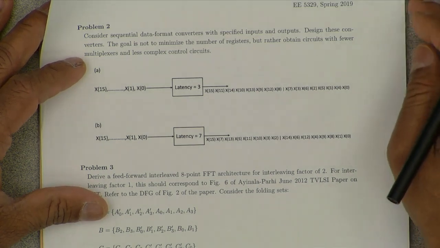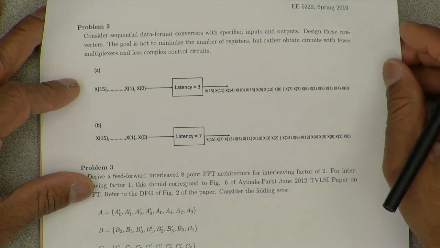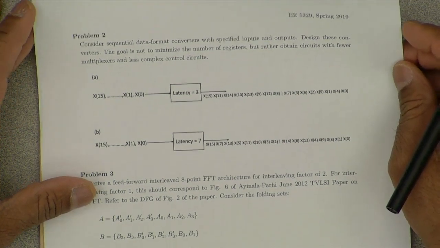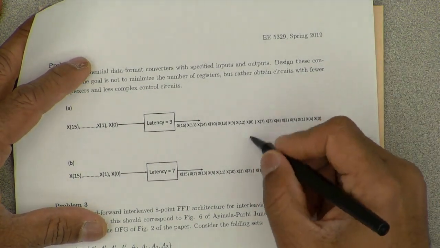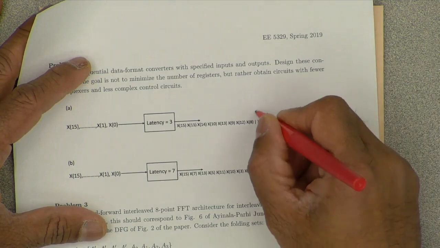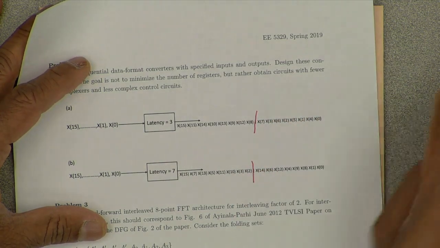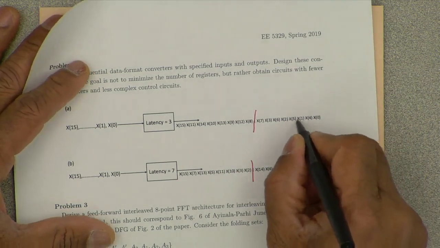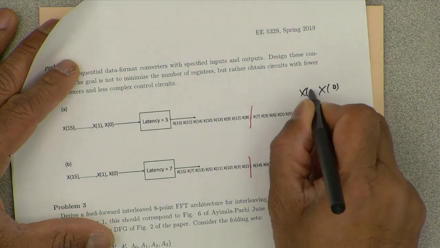Okay, so let's try to think like this. By the way, these vertical bars mean one period, so that's one period, that's one period. Let's say that I can generate x0, x1.